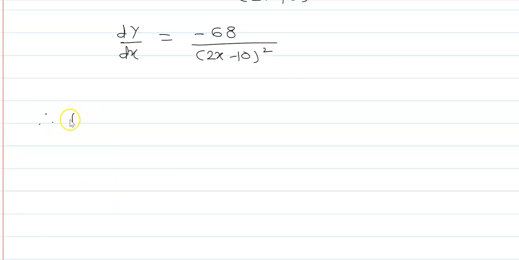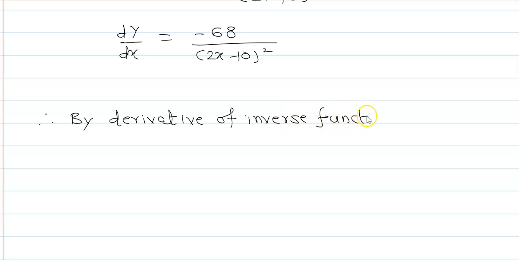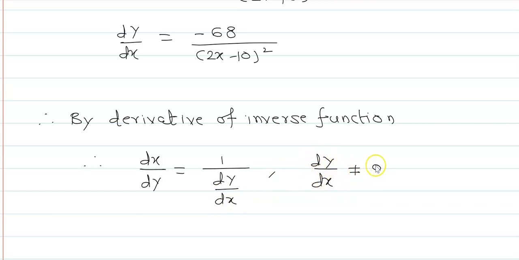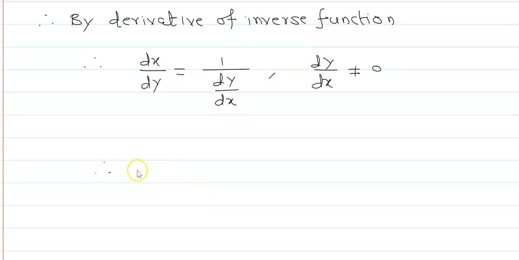By the derivative of inverse function, dx upon dy is equal to 1 upon dy upon dx, where dy upon dx is not equal to 0, and hence dx upon dy is equal to 1 upon dy by dx.